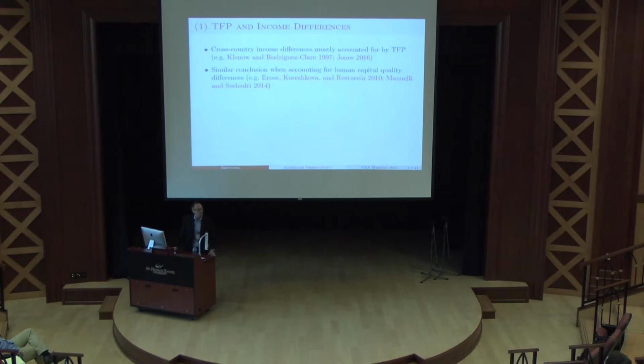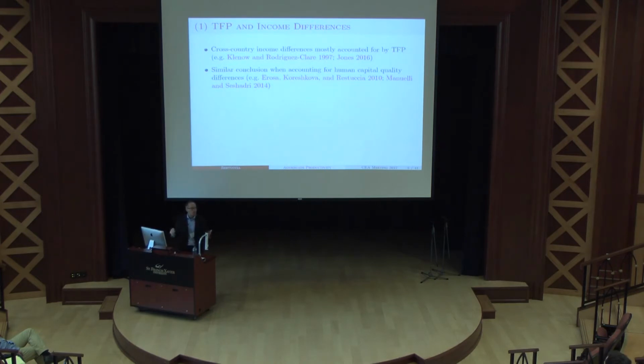And so just from an accounting perspective, the first question is what is behind this very large income difference? It could be that countries differ in the amount of hours or labor inputs they put in the production process. Maybe they accumulate different amounts of capital, whether physical capital or human capital.